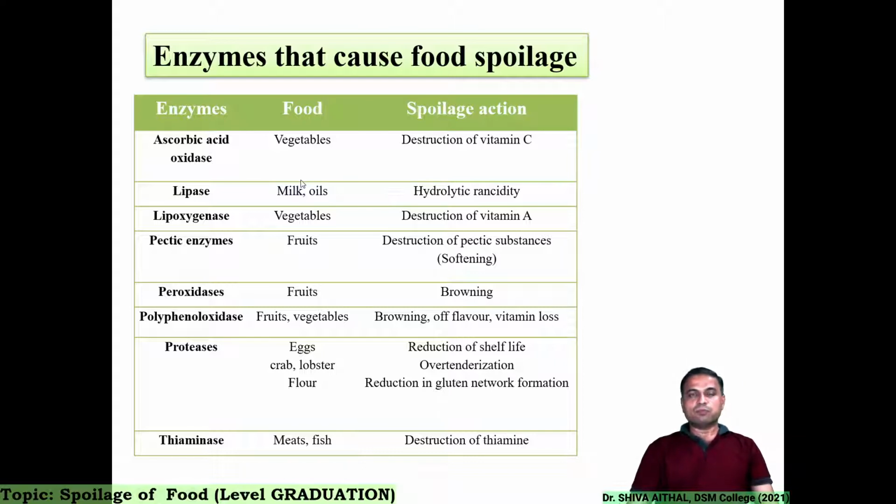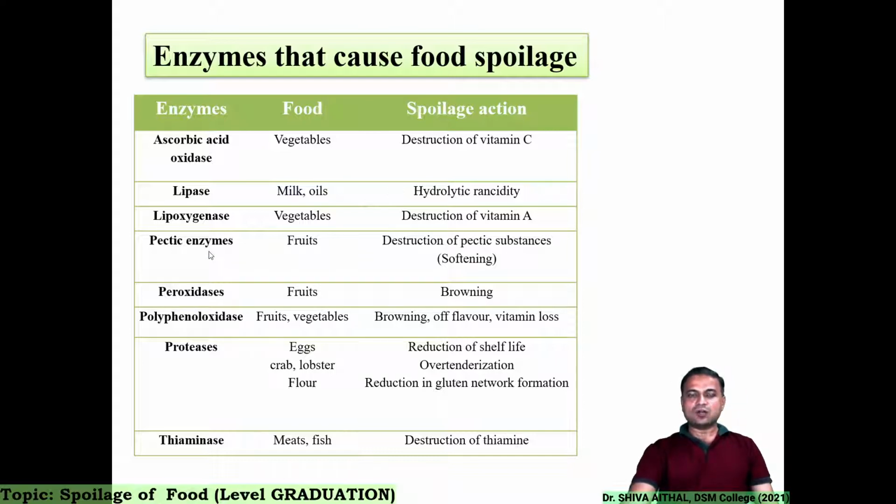Lipids are components of milk and oils, and the reaction results in a condition called hydrolytic rancidity, which is not acceptable. Lipoxygenases are present in vegetables and are involved in the destruction of vitamin A.